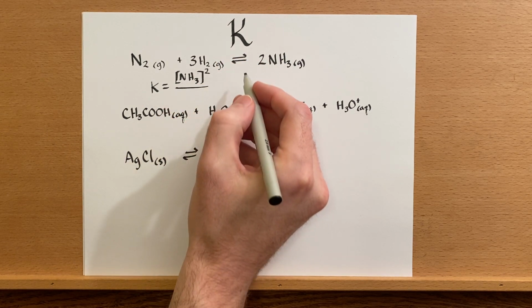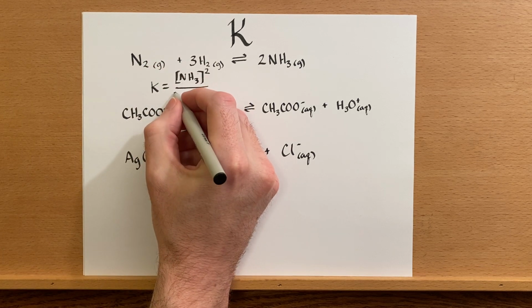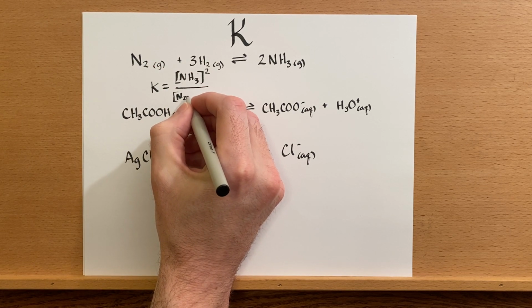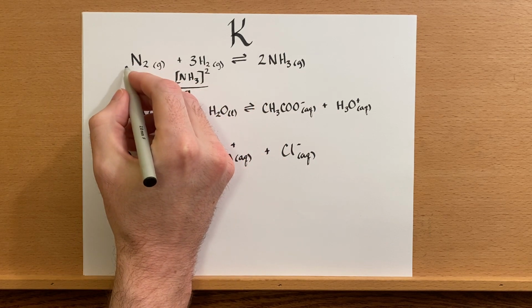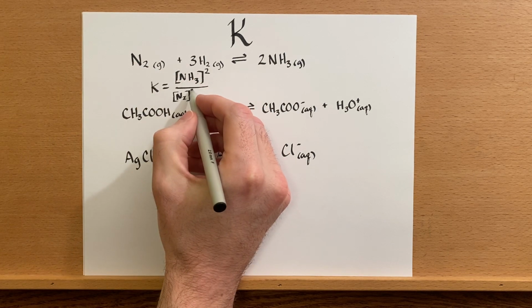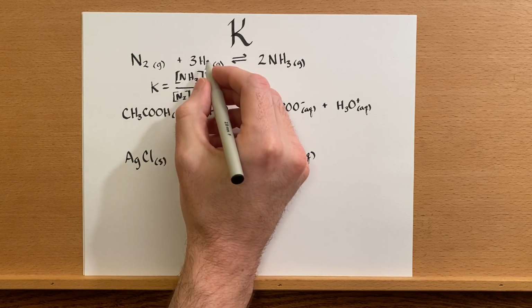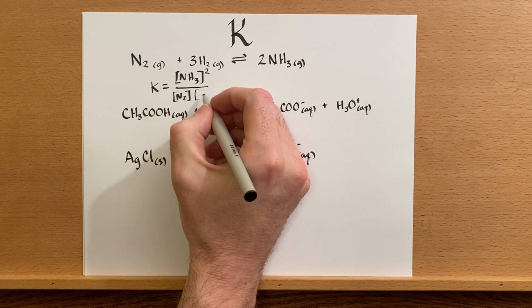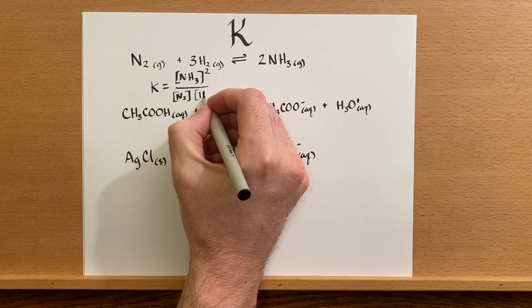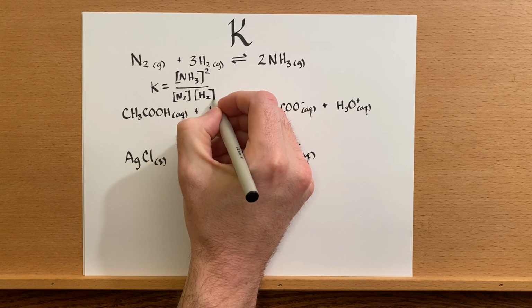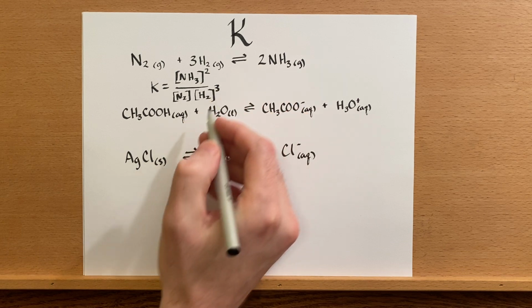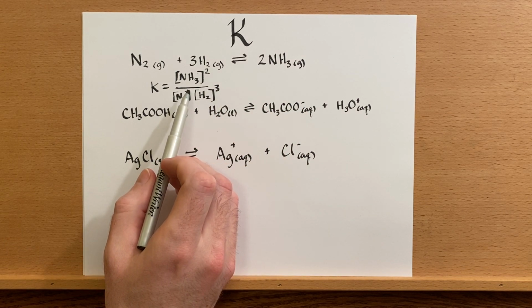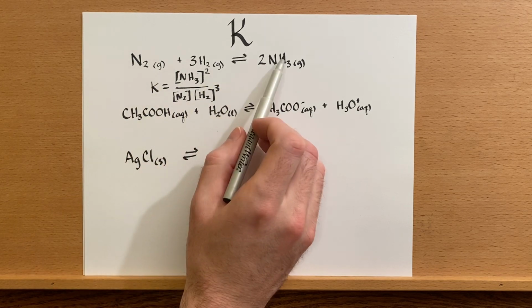And then we divide by the reactants. There's a 1 in front of the nitrogen, so there's a 1 right there. And then hydrogen, there's 3 hydrogens, so we're going to raise that to the third power. And this would be the equilibrium constant expression for this reaction.